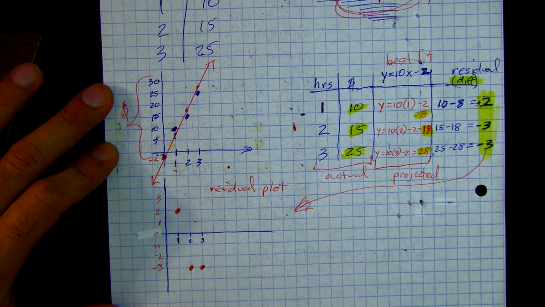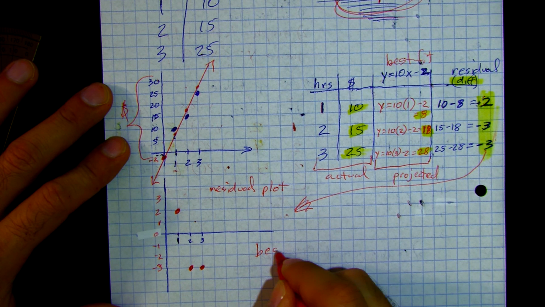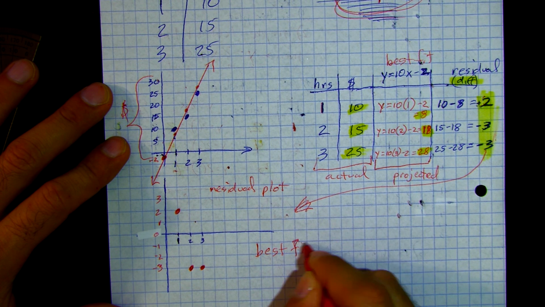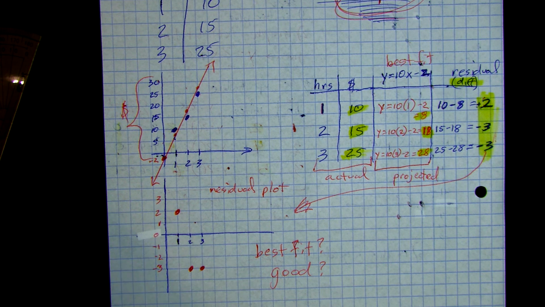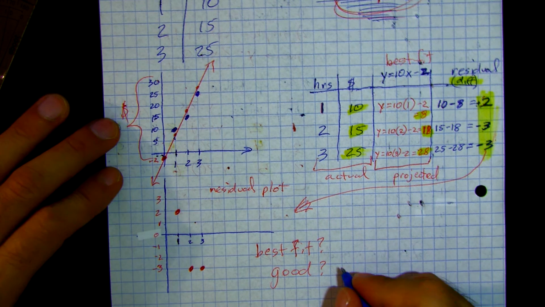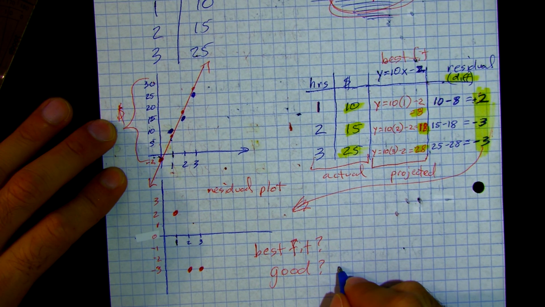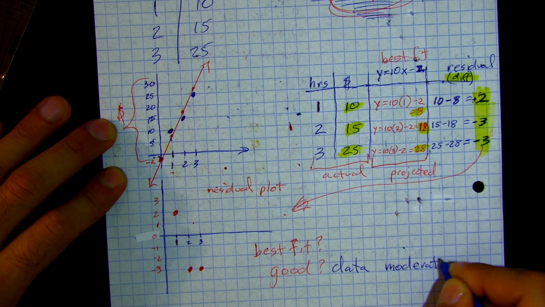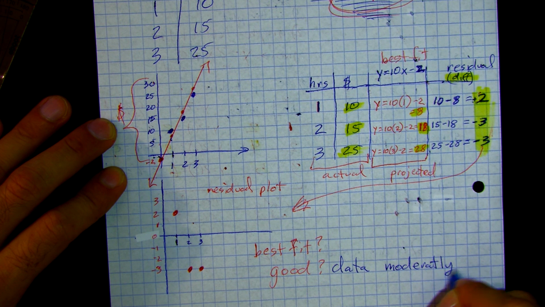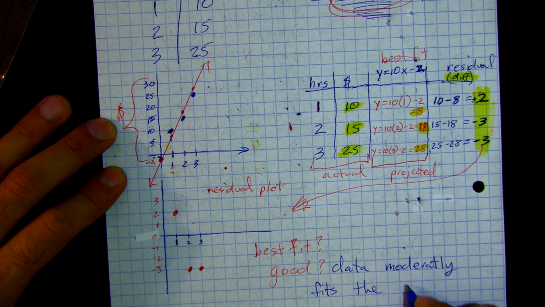So actually what I would say for this best fit, this is like the question you have to answer. Is this a good fit? My answer to that would be the data moderately fits the equation.